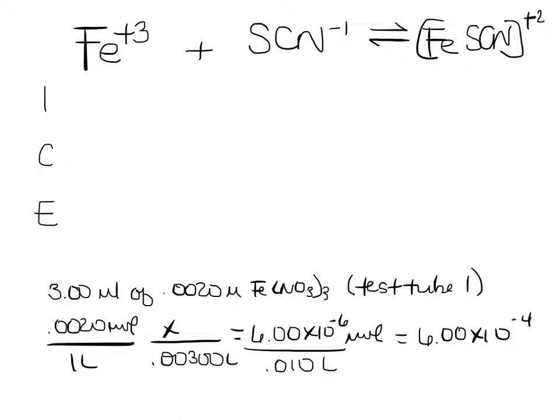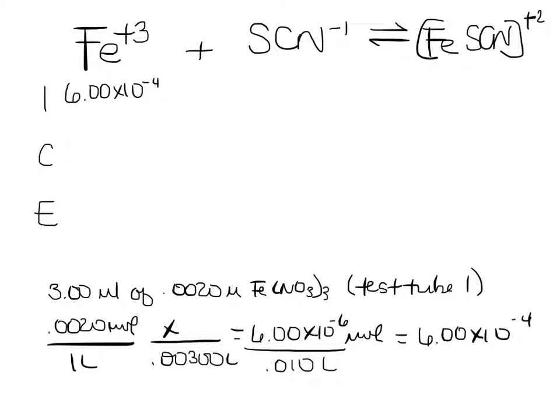So this is my initial concentration of iron 3 nitrate. I'm going to go ahead and plug this value into my ICE table, and I'm going to write it right here: 6.00 times 10 to the negative 4th.